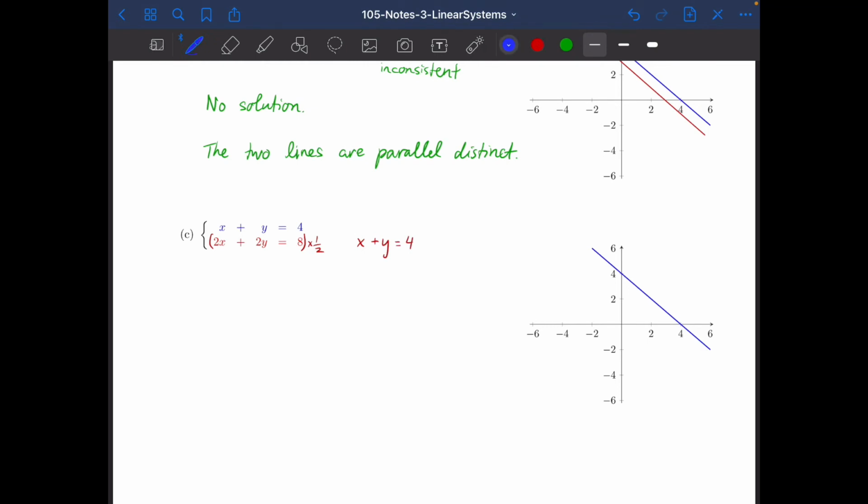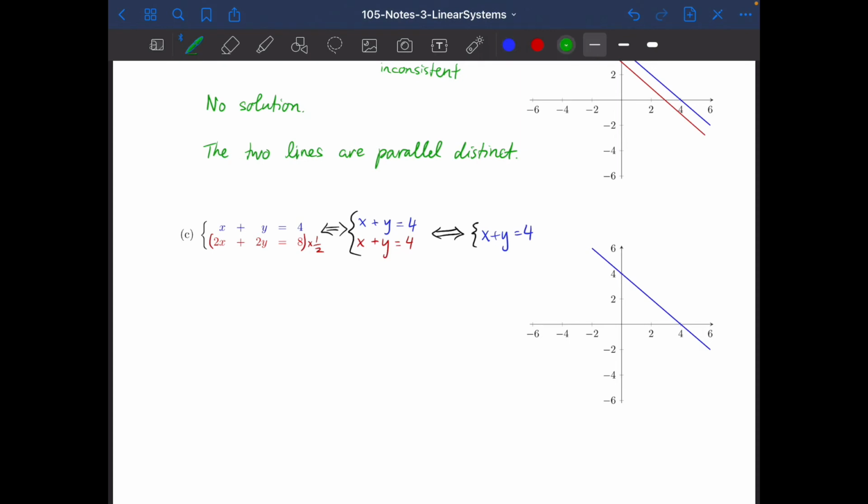And the first equation is x plus y equals 4. This new system has two identical equations. We only need one of those equations to describe the solution set of the system. And so this new system with only one linear equation is an equivalent system.